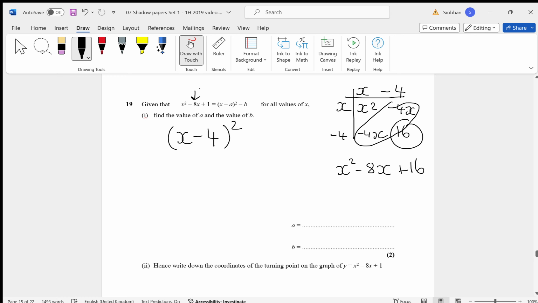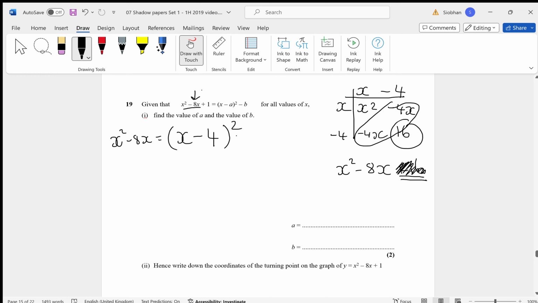Now, ignoring that little one at the moment, I like to do this in 2 separate parts. What we're looking for is factorising the x squared minus 8x part. Now, they don't actually equal themselves at the moment, because if we expand this out, we actually get an extra 16. So in order to make it equal, I need to remove that 16.